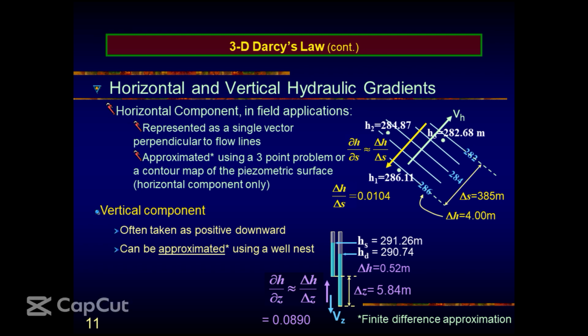Here we will be considering the horizontal component of field applications, and then it will be represented as a single vector perpendicular to flow lines. By flow lines here, we mean equipotential surface.